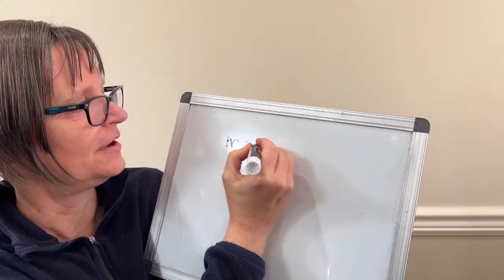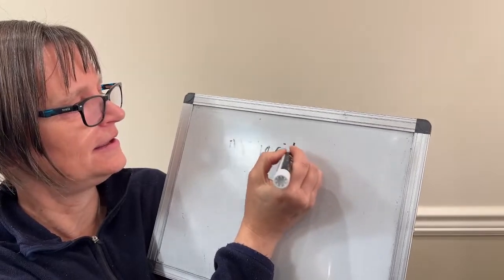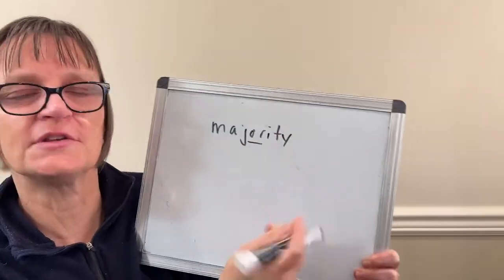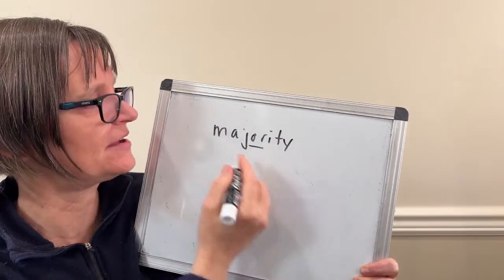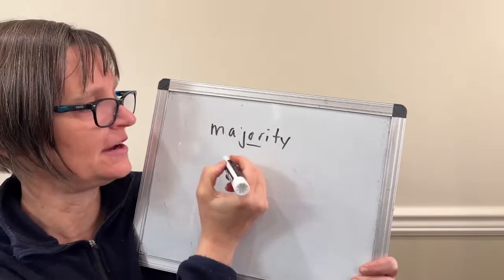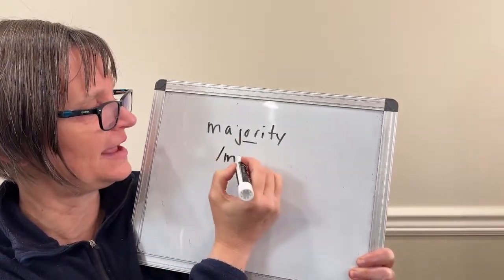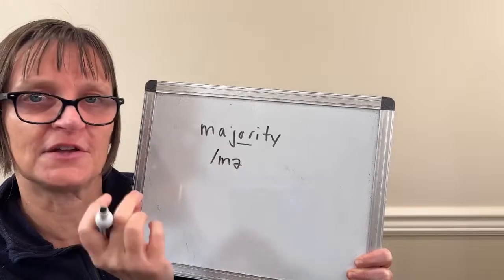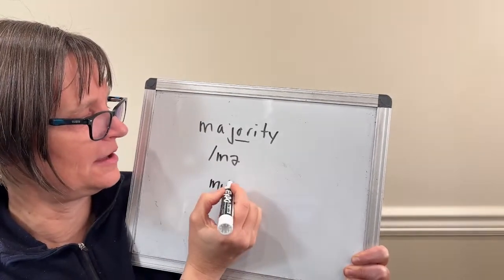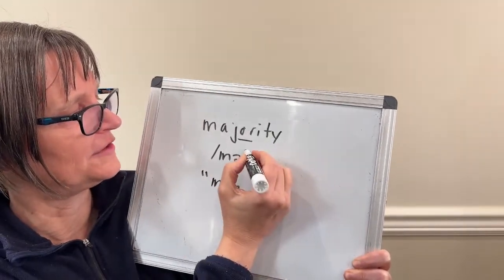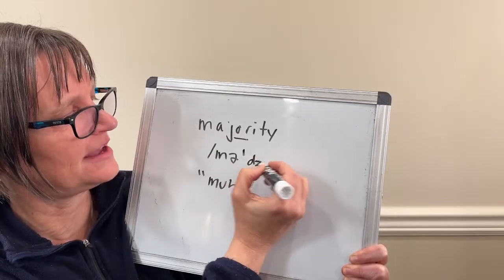So for majority, we have the stress on the jor syllable, and the letter J says the J sound. Because it's stressed there, that means our first syllable, letter A, is going to be the unstressed schwa. It's going to sound just like uh. So we'll have m. And then we have the stress, and we have the J sound.